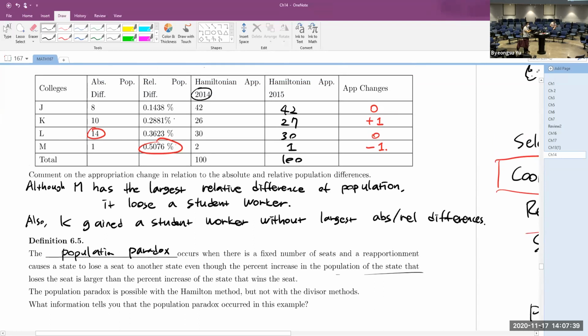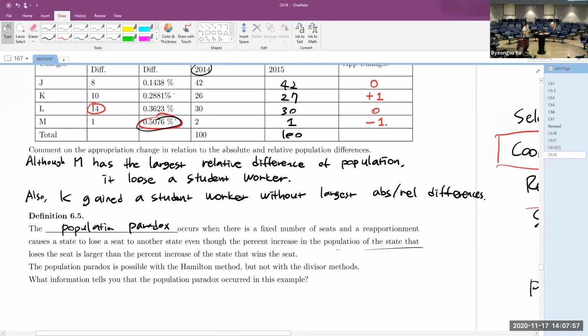So here, the relative population difference of M is larger than the relative population difference of K, but M loses the seat and K will get that seat, right? So that's called population paradox.